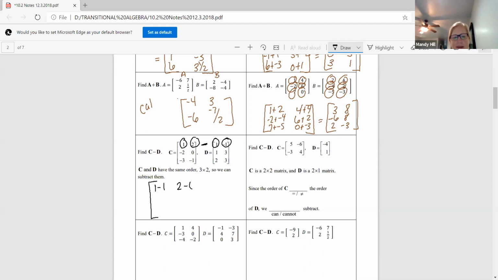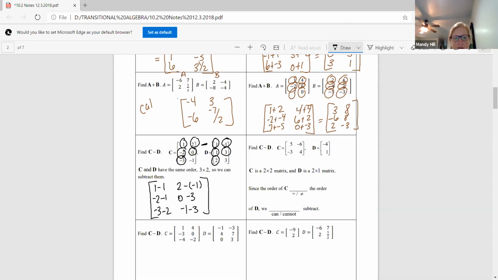So 2 minus, and then this is going to be a -1. Okay, on the bottom, we've got -2 minus 1, 0 minus 3, -3 minus 2, and -1 minus 3.